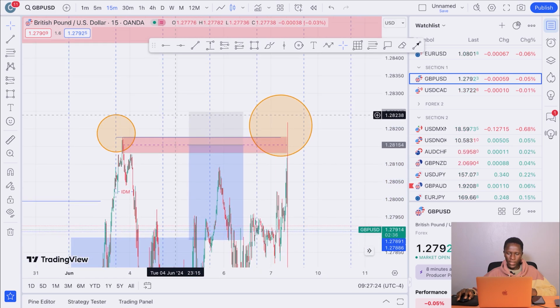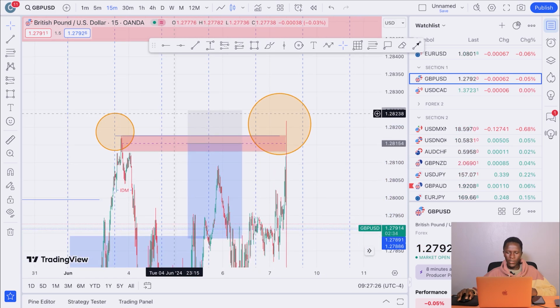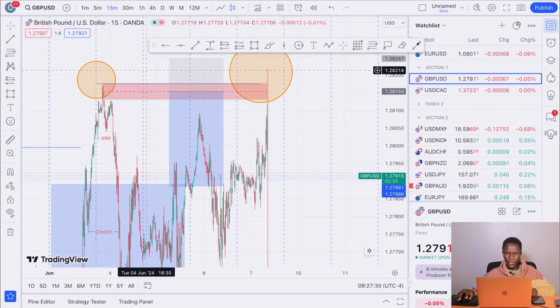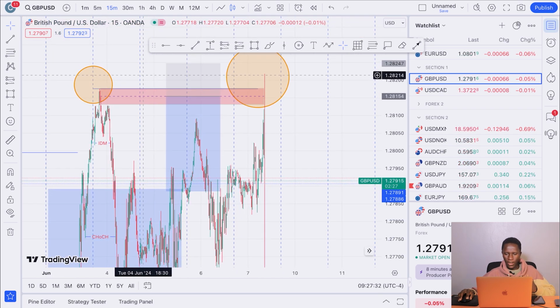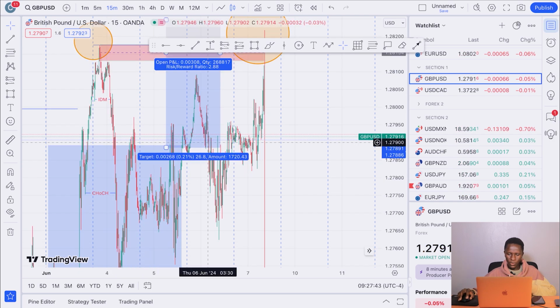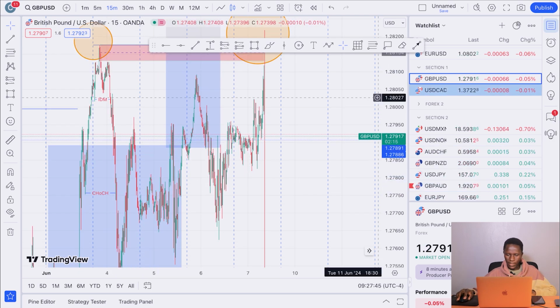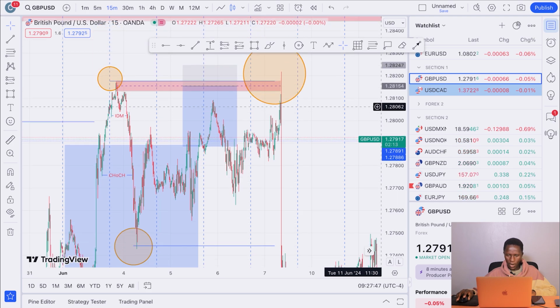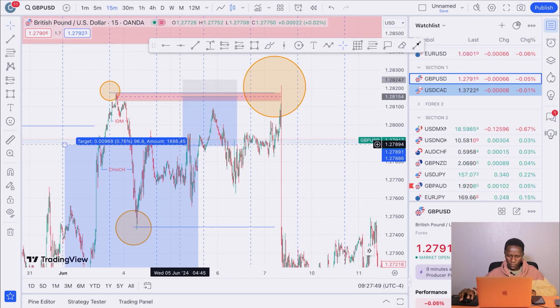So in most cases, because others had their limits in, if you give it space, you will always protect your stop loss. And the target was our low, like this low.